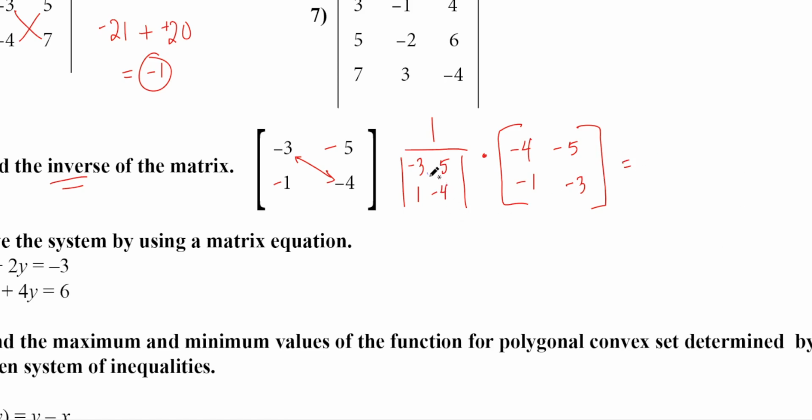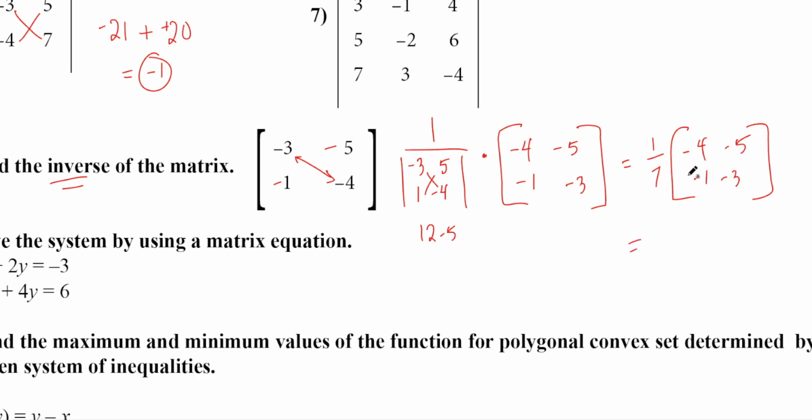Let's do it down here. So what's this going to be? 12, and then this is going to be -5. So it's 1/7. And really, all you're doing is multiplying that matrix by 1/7: -1, -3.